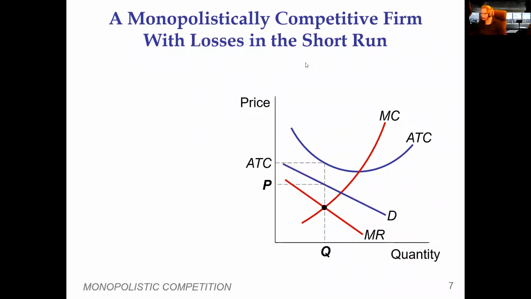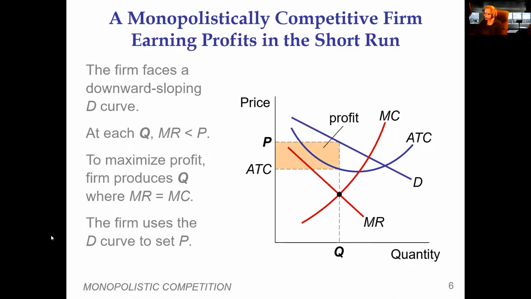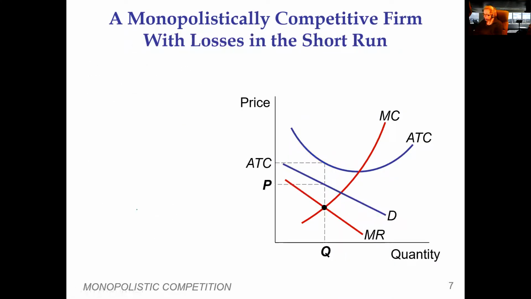After we have had competitors come into the market, we're still going to produce where marginal revenue and marginal cost meet. So this is going to be the quantity that maximizes profit for this monopolistic competitive firm.